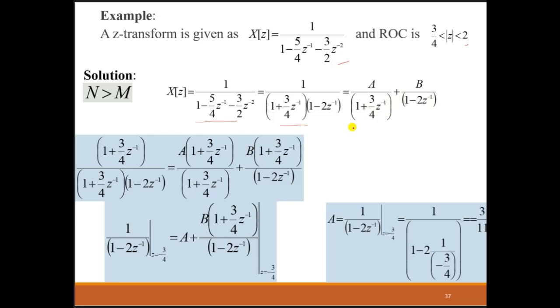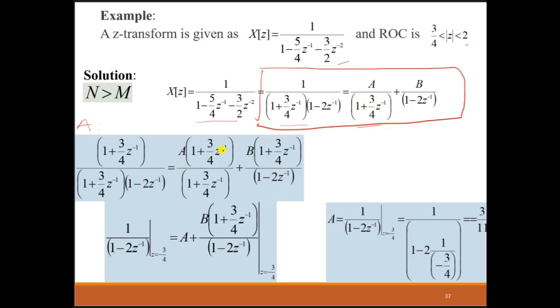Alright, then what you need to do is we need to find for A. So for A, kita nak cari untuk A. Okay, so what you need to do is we look at just this part. Alright, so you multiply all of the equation with 1 over the denominator of A. So darabkan semua.